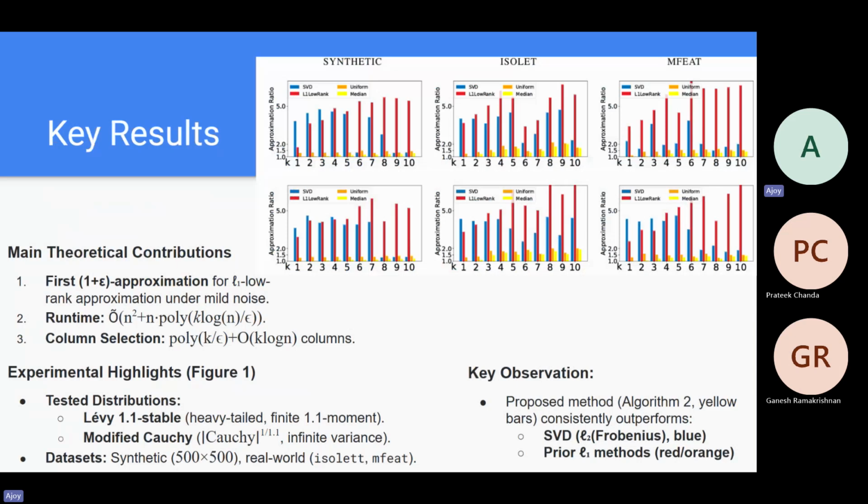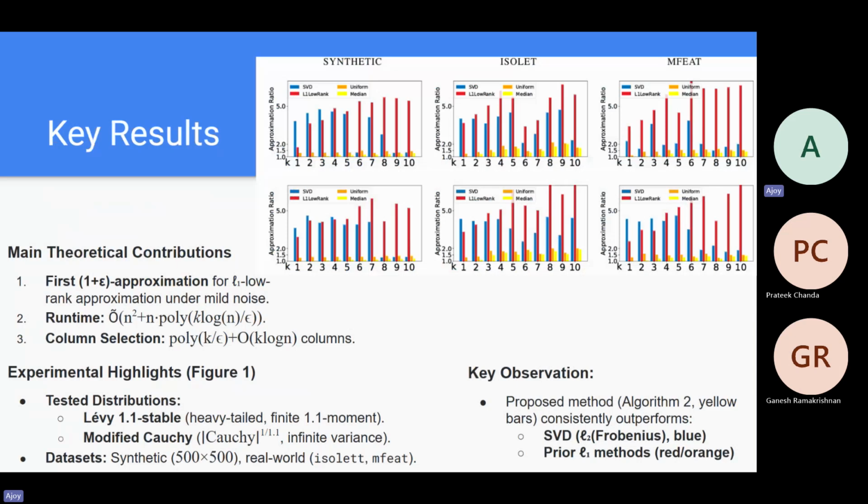So, highlights of the experiments. This is figure one, where the tested distributions are Levy noise and modified Cauchy noise, where we used datasets of synthetic and real world data. That one is a synthetic dataset, and this is a real world dataset in the lower column.